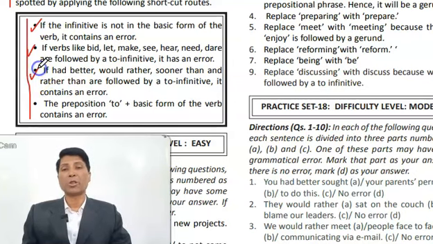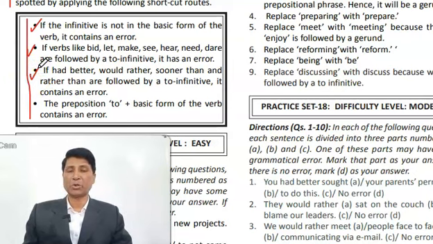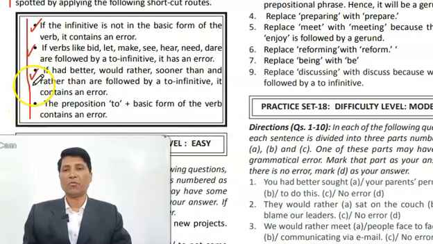And this is the most important area for errors of infinitive. After "had better", "would rather", "sooner than" and "rather than", a "to" infinitive means mistake. And the preposition "to" that we discussed recently should be taken care of carefully.